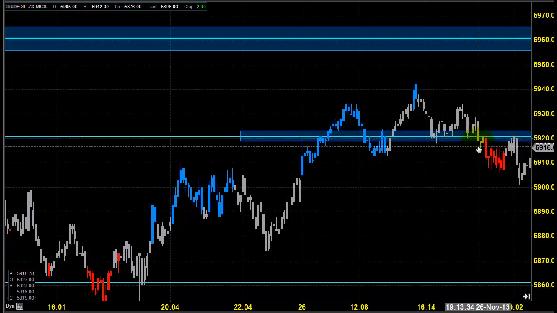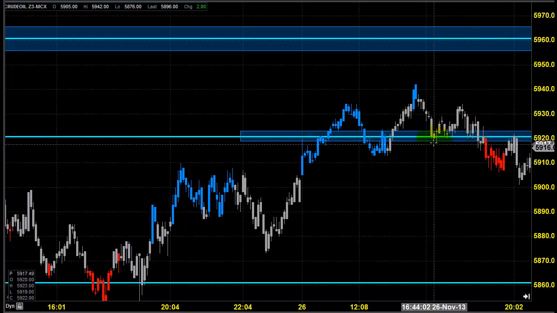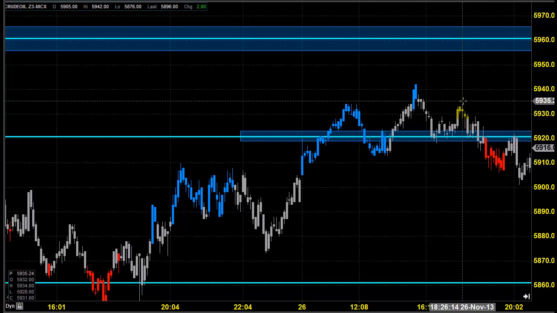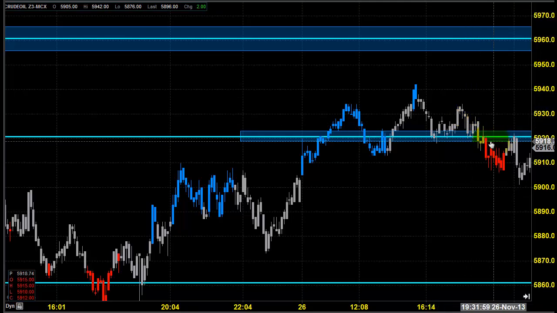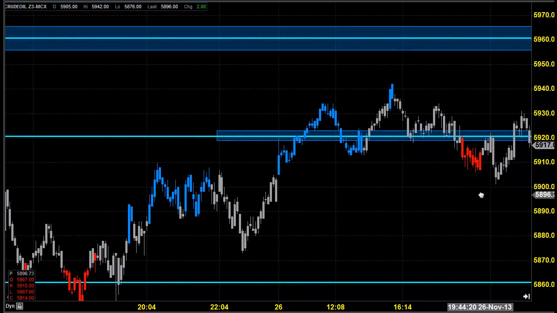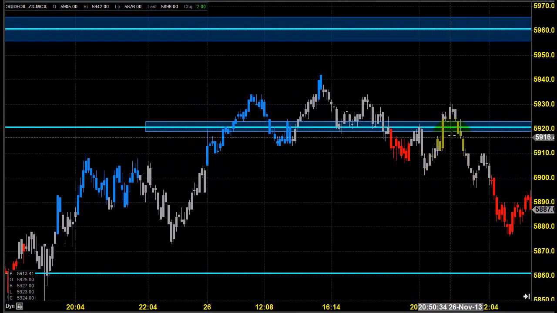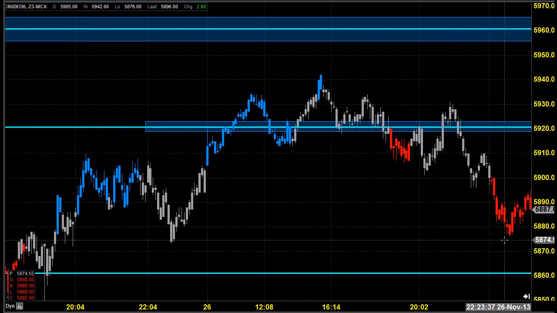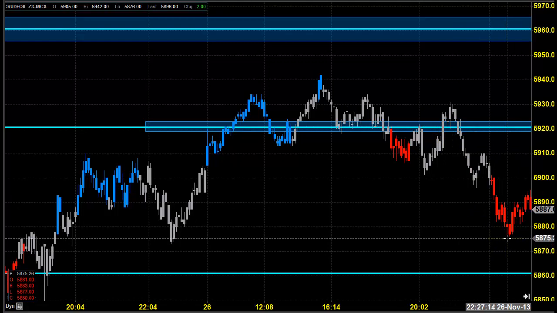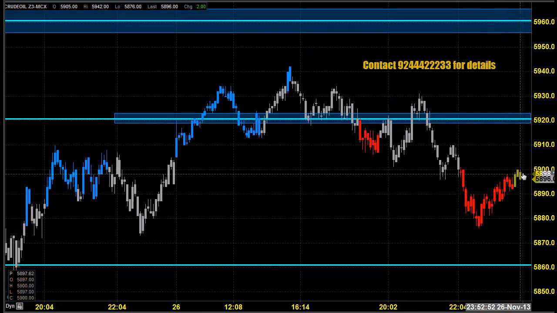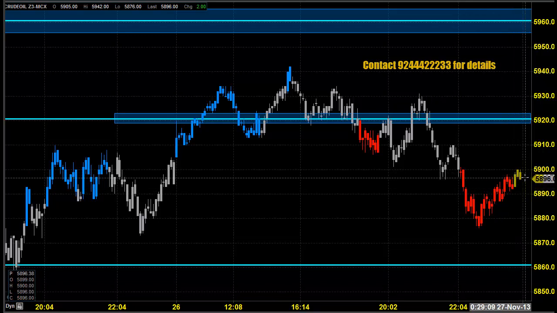In the earlier session, the price tried to convert this 5920 as a support, but there was a consistent failure. Again the price converted this 5920 into a resistance, so it was quite comfortable in maintaining this as a resistance. So the price came down till 5875 and closed near 5896.